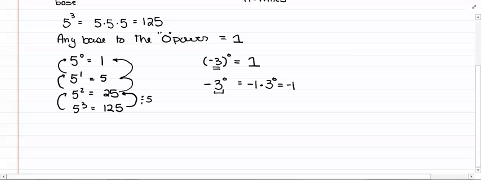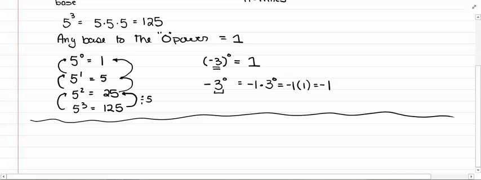That's negative 1 times 1, and my answer becomes negative 1. All right, so it depends on whether the negative is inside or outside of the number. In general, if the base is any number, with the exception of 0, our answer is 1. But you have to recognize what is the base and what is not the base.